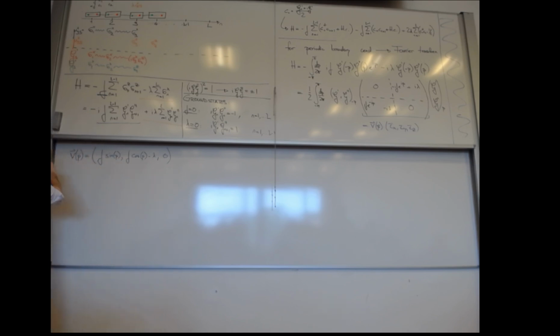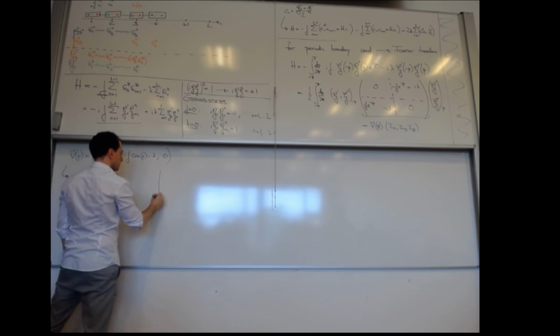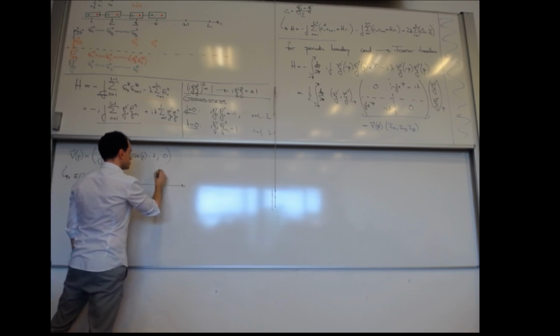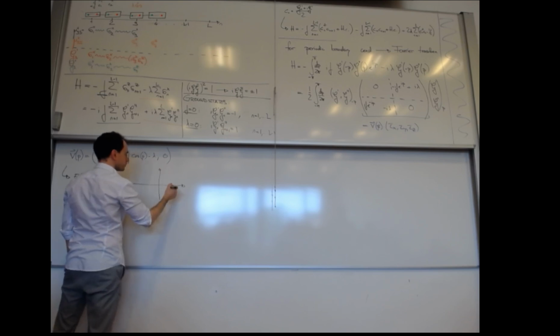The single particle Hamiltonian is just this V of P times the tau, so there are two bands, and they're just plus minus the magnitude of V of P. So it looks something like this: the dispersion relation of effective fermions.